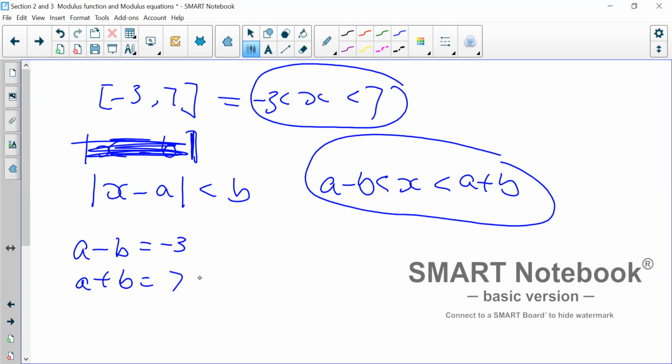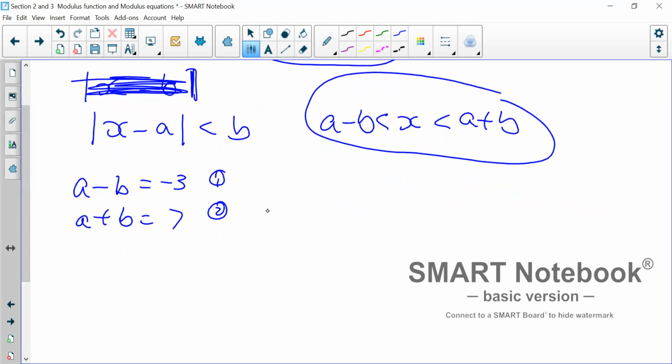So here now we end up with a simultaneous equation to solve. And you can see the numbers are quite straightforward. So really what I can do is simply add 1 and 2 together. And then the minus b and b will disappear. So now we have 2a equals minus 3 plus 7, that is 4. So it means a equals 2. And then you can substitute a equals 2 into any of those equations.